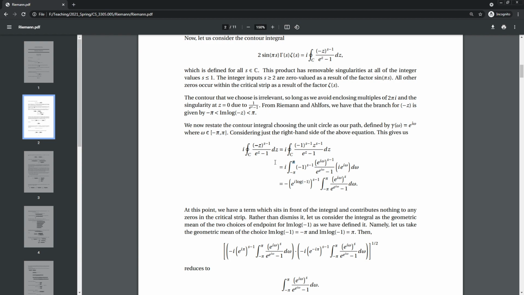You have a starting point and an ending point. And so the convention is to define this function, in this case gamma of omega, as equal to e to the i omega, right? So the contour we're drawing is going to be the unit circle, and so this is that unit circle. Right? And then we give omega the boundaries that we wanted, that we'd specified up here.